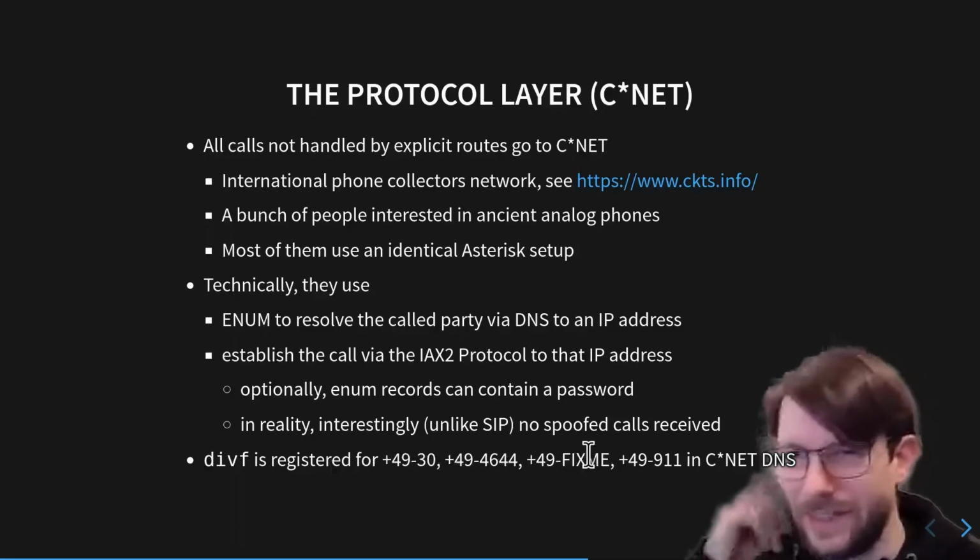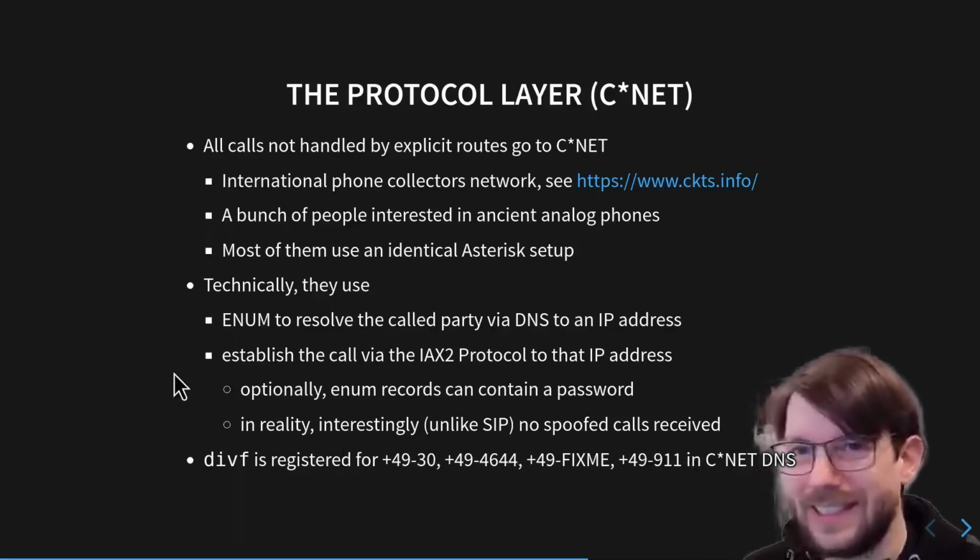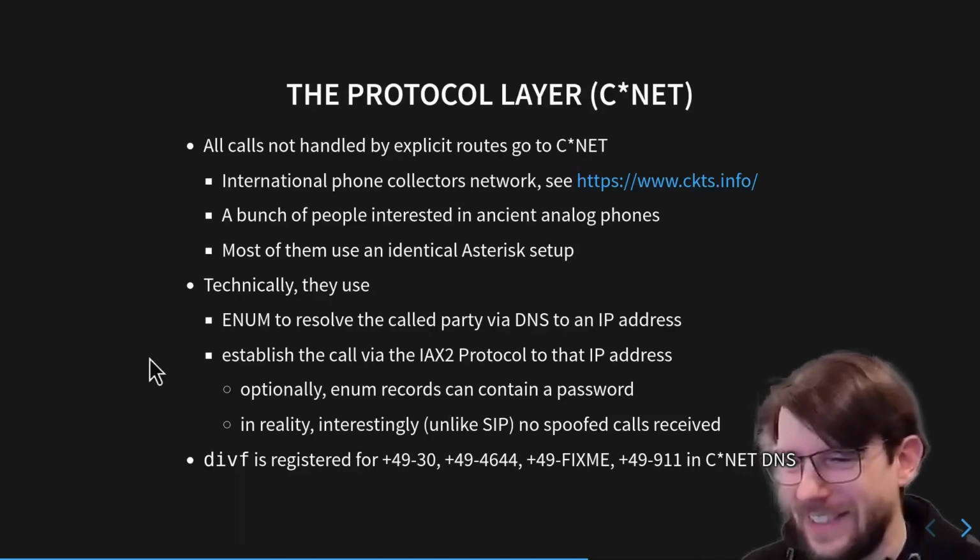I didn't recall off the top of my head the prefix of Kiel, which I also added here, and Nuremberg. So those prefixes get routed to this DIVF machine. Yeah, 431. Sorry for that. And then basically the DNS resolution points to the IP address of this machine.